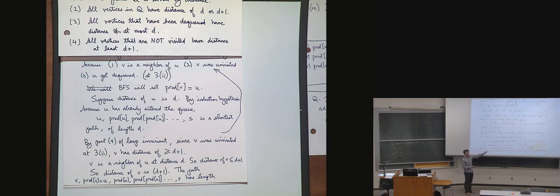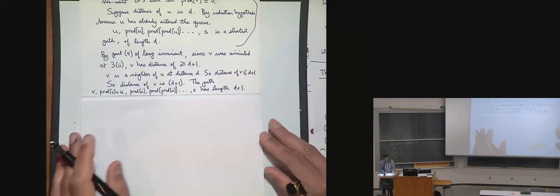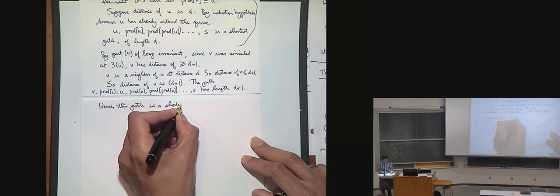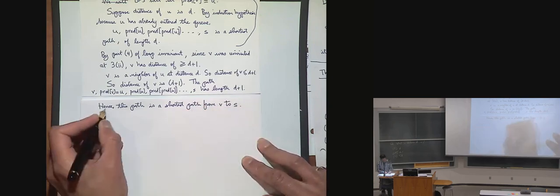So this must be your shortest path, right? Because the distance is d plus 1, and you have a path of length d plus 1. So, I've run out of space on this piece of paper, so let me complete that here. Hence, this path is a shortest path from V to S, and this completes the induction.